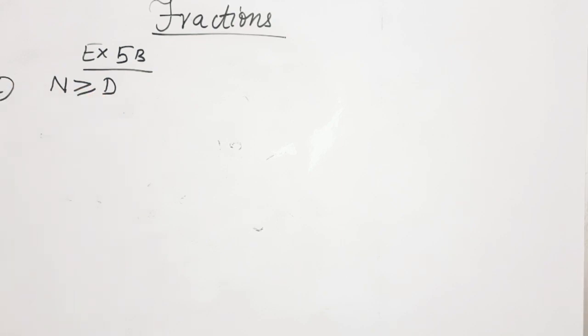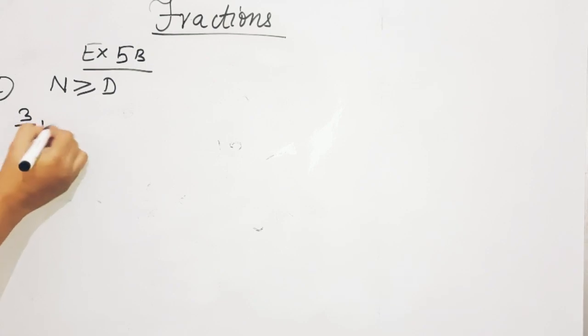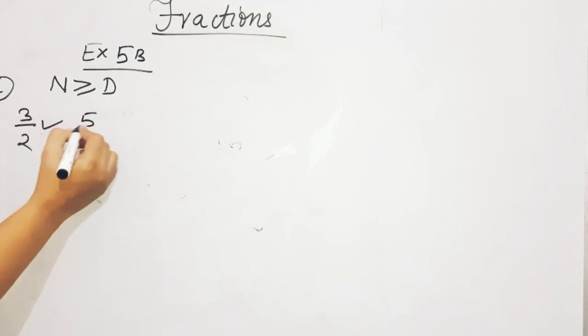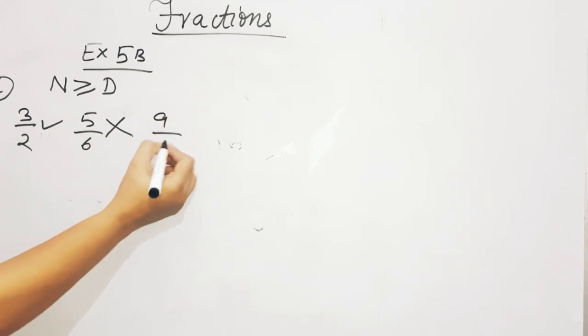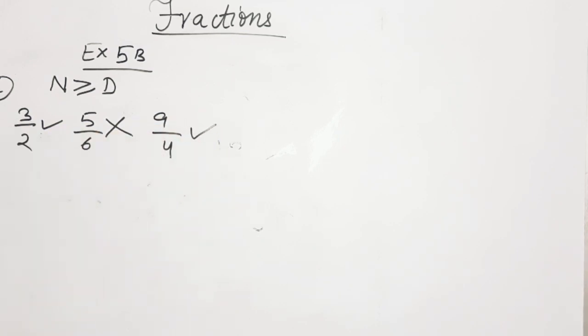जहाँ numerator बड़ा होगा fraction improper होगा. So first fraction, numerator greater, improper fraction. Coming to the next one, 5/6, numerator is not greater, proper fraction. 9/4, numerator is greater, improper fraction. 8/8, numerator is equal to the denominator, improper fraction. या तो बड़ा हो या तो इक्वल हो न्यूमरेटर डिनोमिनेटर के.